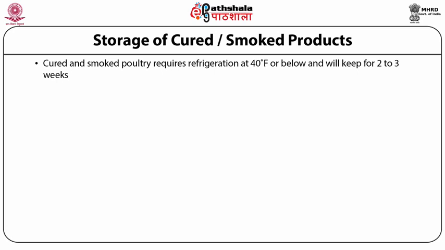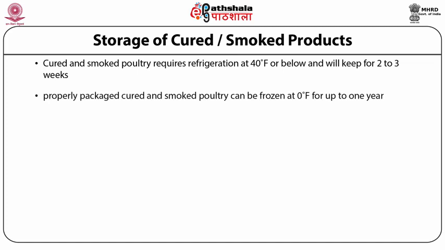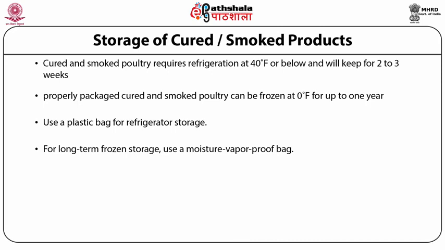If longer storage is necessary, properly packaged, cured, and smoked poultry can be frozen at 0 degrees Fahrenheit for up to 1 year. Use a plastic bag for refrigerator storage. For long-term frozen storage, use a moisture vapor-proof bag.